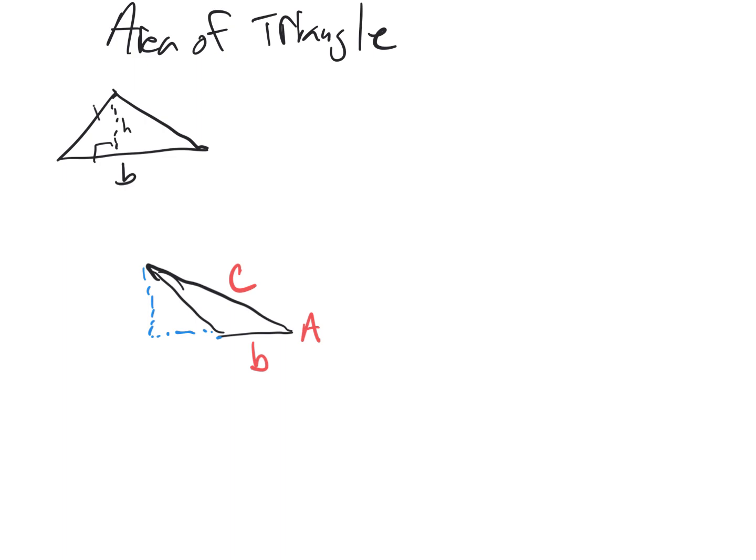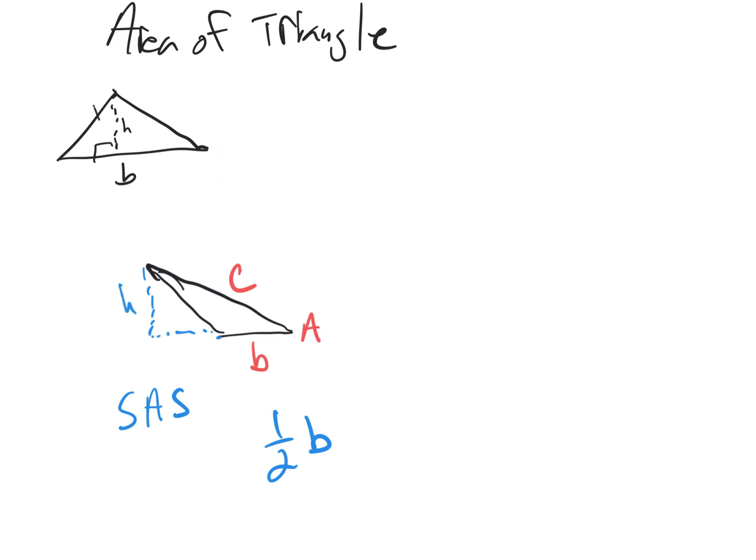So if I'm given a triangle, I'm drawing it as an obtuse triangle, but it works for any triangle. If I'm looking to find the area of this triangle and I have a side angle side pattern, the way you find it is we're going to do 1/2 times the base times, and now think about what I just did.